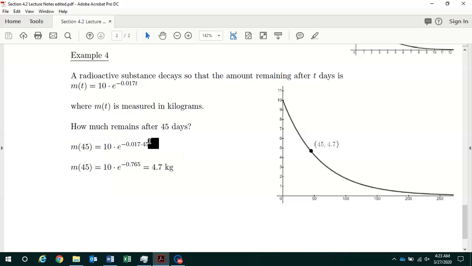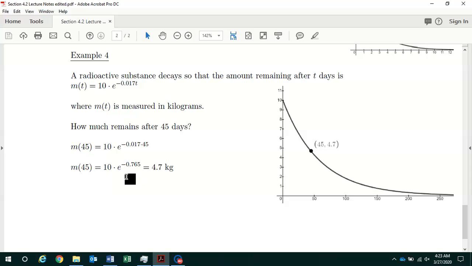You're asked how much remains after 45 days. Well, we just put in 45 for t up here, and we have M of 45 is equal to 10 times e to the minus 0.017 times 45 power. That minus 0.017 times 45 is equal to minus 0.765, and so this up here is equal to 10 times e to the minus 0.765 power.